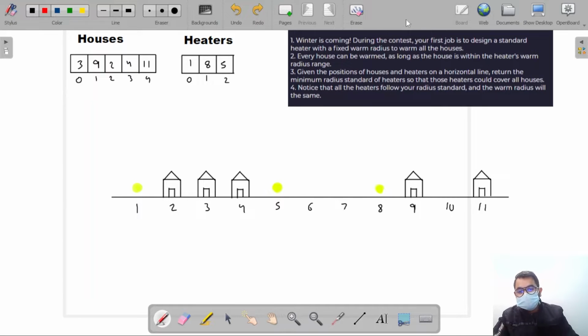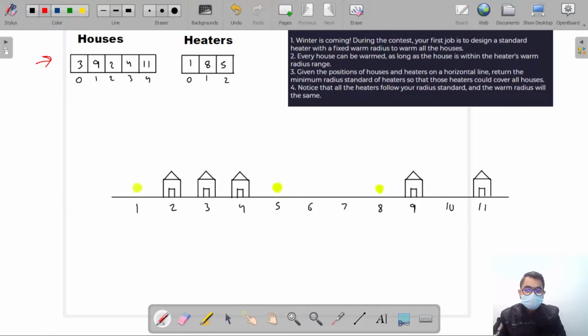So what we have been given is two arrays, called the houses array and the heaters array. What does this houses array store? The address of the houses on a horizontal line.